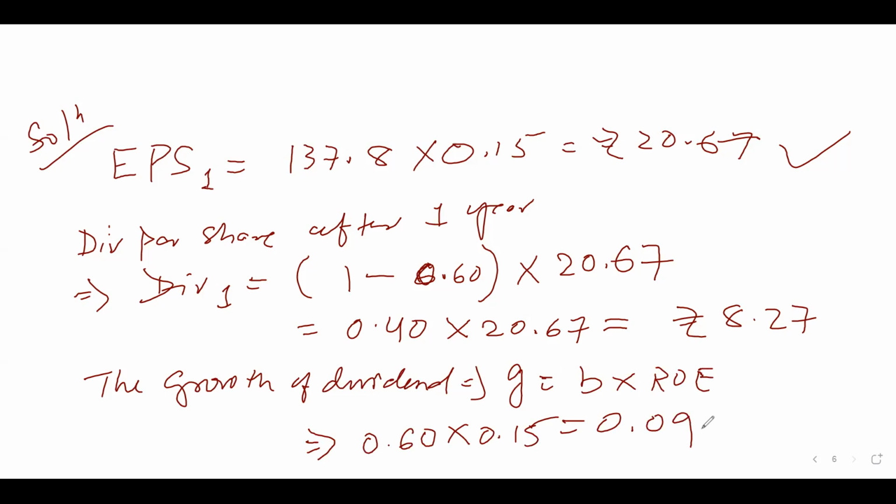Assuming it's a perpetual share, use the formula: dividend for the first year, that is D1, divided by opportunity cost minus growth rate. Your usual formula. So your share valuation will be your dividend in the first year divided by opportunity cost minus the growth rate. This is your formula.